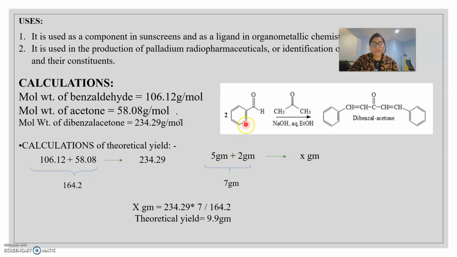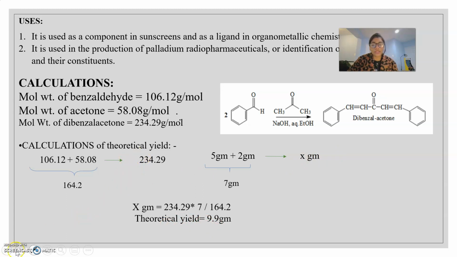So 5 gram we took for benzaldehyde, 2 gram for acetone, and the benzaldehyde amount is X. Then we cross multiply: the X that we got for benzaldehyde, for the dibenzalacetone, that is the product, 234.29. By doing this cross multiplication, we get 9.9 gram as our dibenzalacetone as per this theoretical yield.